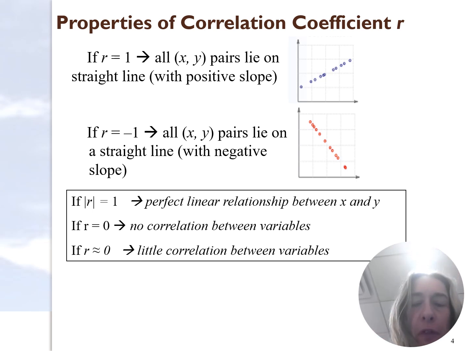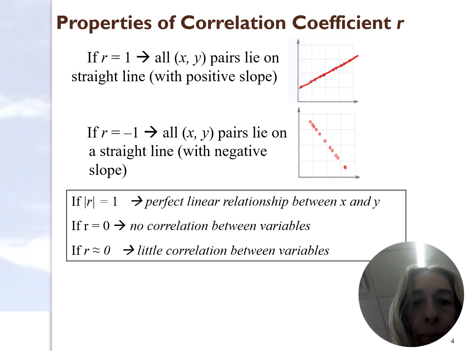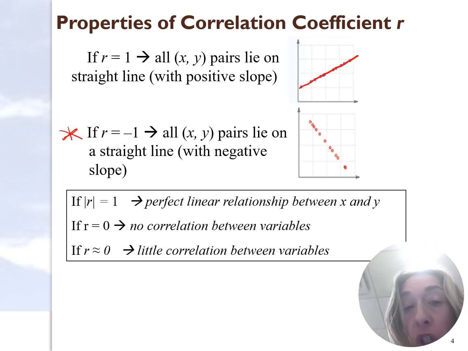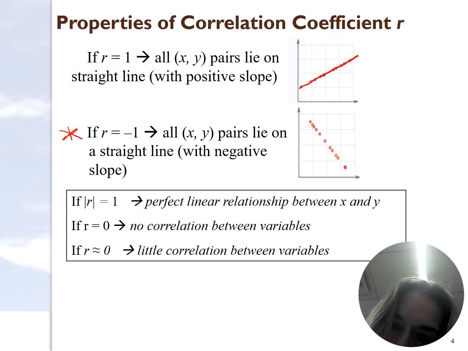If the correlation coefficient is equal to exactly 1, then that means all of your XY plotted points lie exactly on a straight line having a positive slope, as shown in this graph. On the other hand, if your correlation coefficient is exactly -1, that means that all of your XY points lie on a straight line, but with a negative slope.